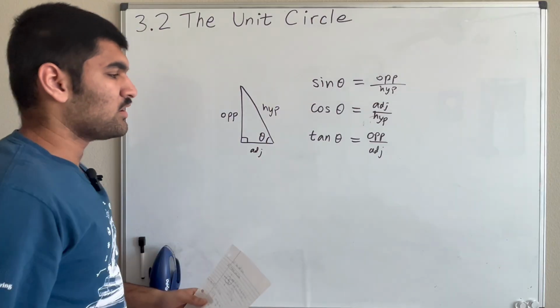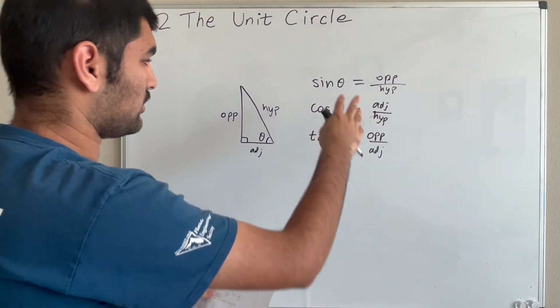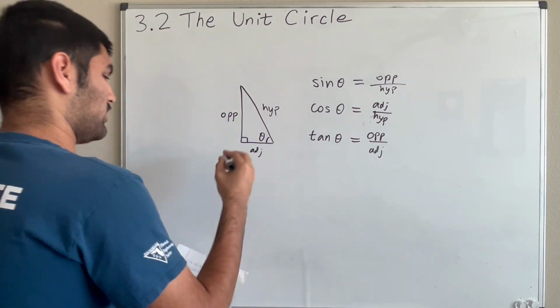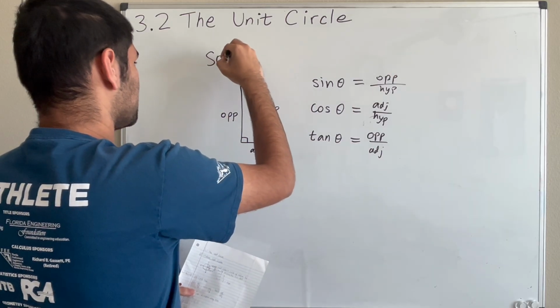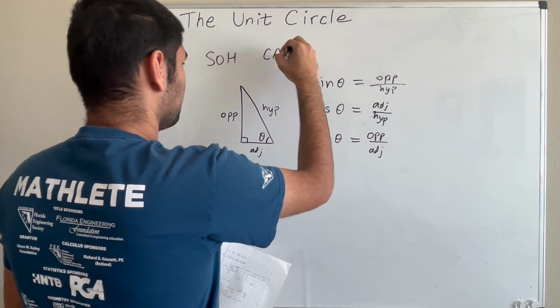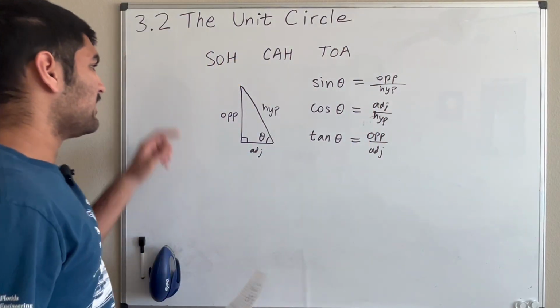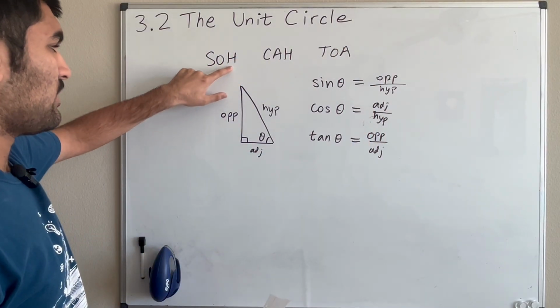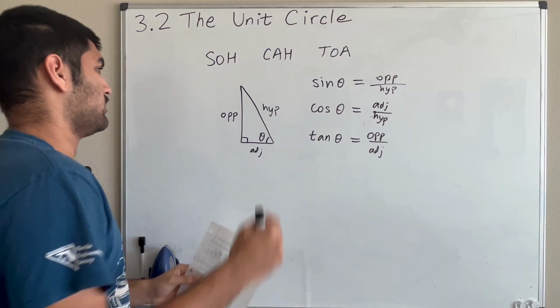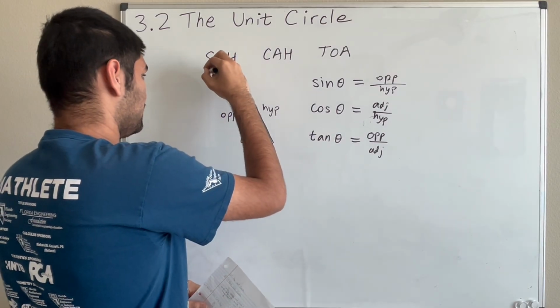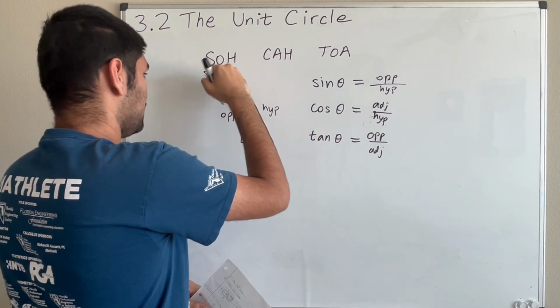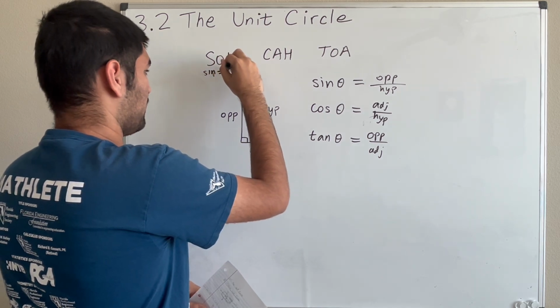And the mnemonic that is used to memorize this or to help us remember is known as SOHCAHTOA. So what it's saying is that sine is opposite over hypotenuse. So S stands for sine. So it's like sine is opposite over hypotenuse.